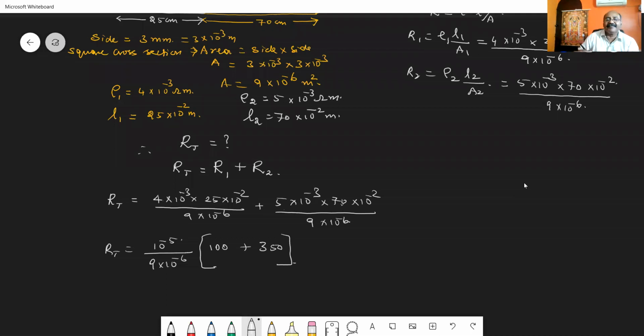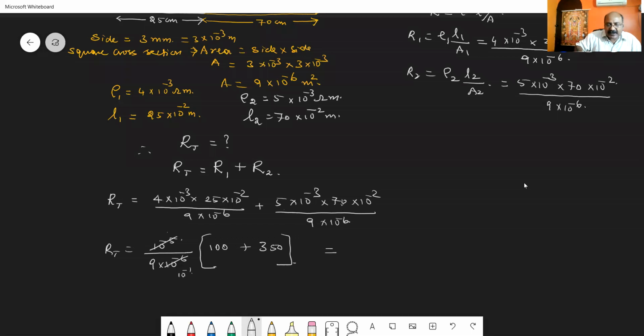Am I correct? Okay, am I correct? See, 10 power minus 3, 10 power minus 2, I have taken 10 power minus 5 in both of the cases as common. And here 9 into 10 power minus 6, I have taken it common. So this 10 power minus 5 and this 10 power minus 6 get cancelled. Here I am having 10 power minus 1.